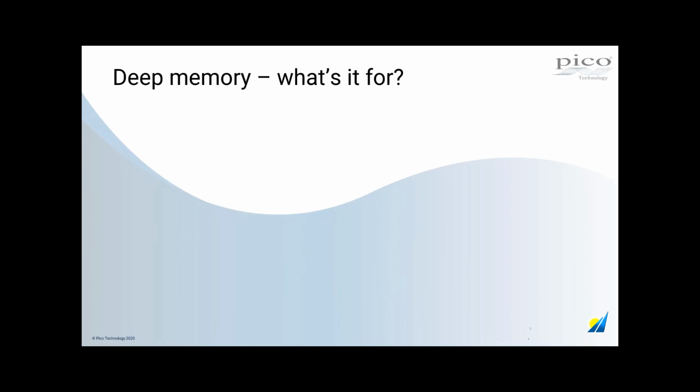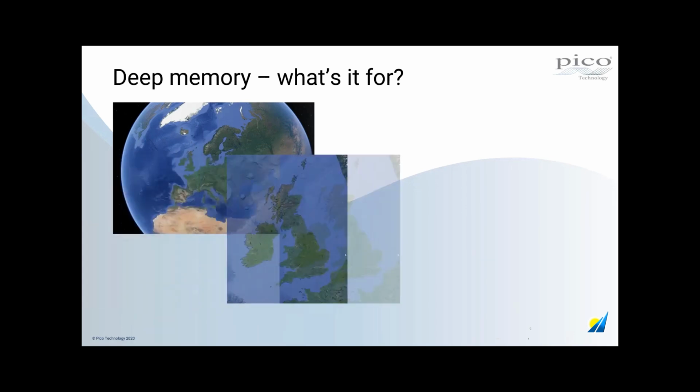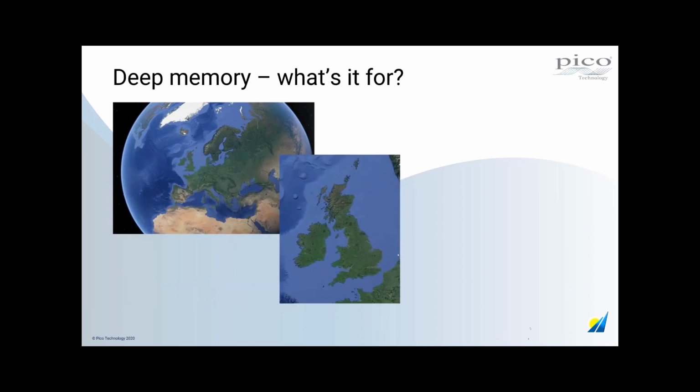Well, a real world example, just to illustrate the point: if you think of Google Earth, it gives the appearance of being a single picture of a region of the globe. So we can look here at Europe, we can zoom in to a particular area of the continent.